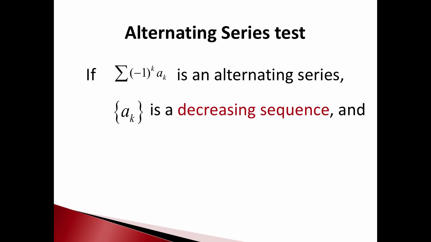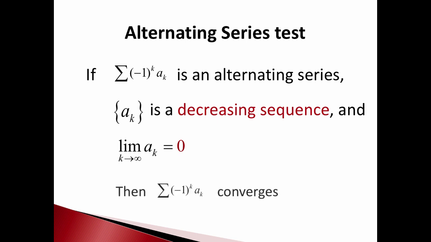If those numbers are decreasing, and the limit is 0, so the swings are getting less and less and the total amount of swinging is going to 0, then, just like in that last picture we saw where we were writing out the sequence of partial sums, this entire alternating series will converge.